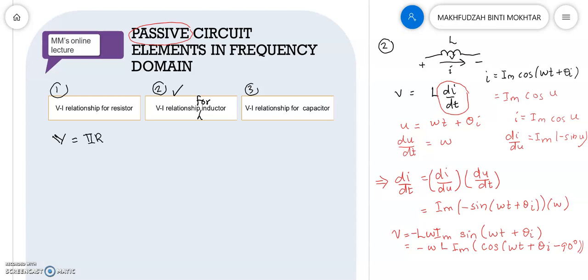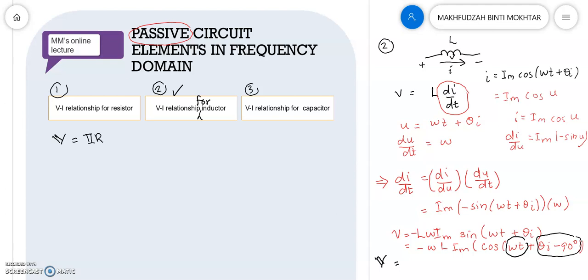Now, what you can see here is the value of omega t, and we have another one, which is the phase angle of theta I minus 90 degree. So when I write this v in terms of the phasor transform, I will have the capital V here.